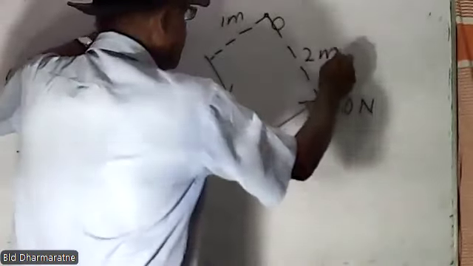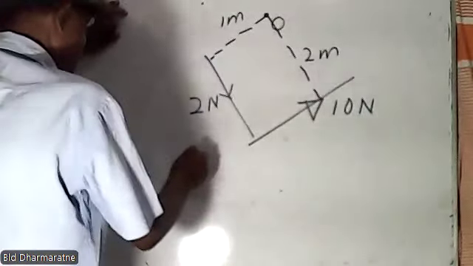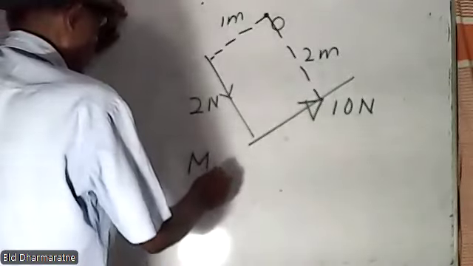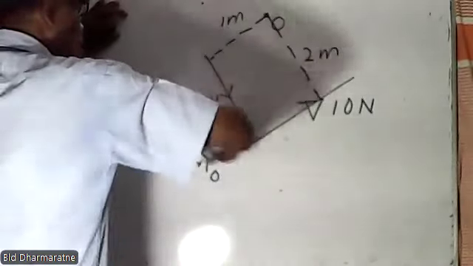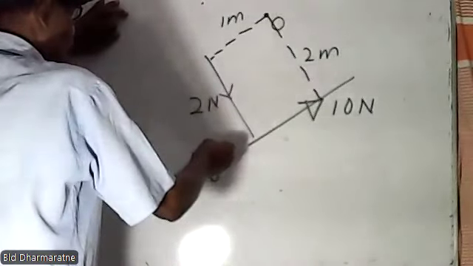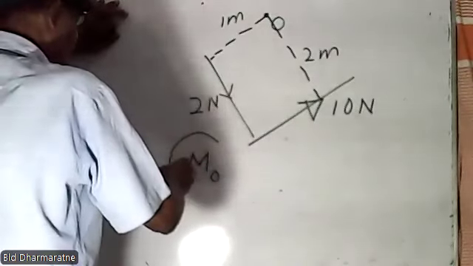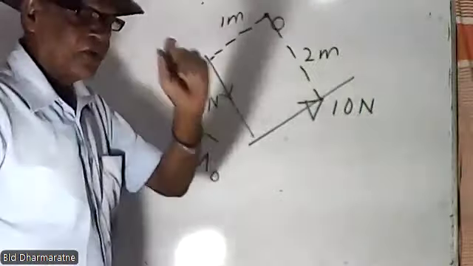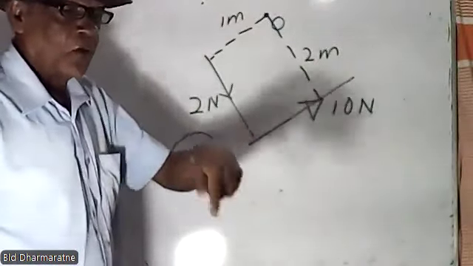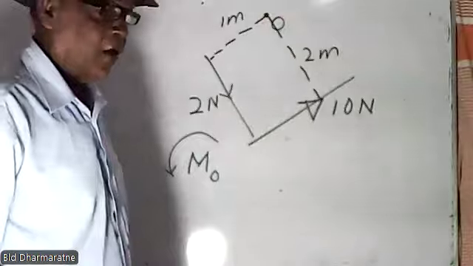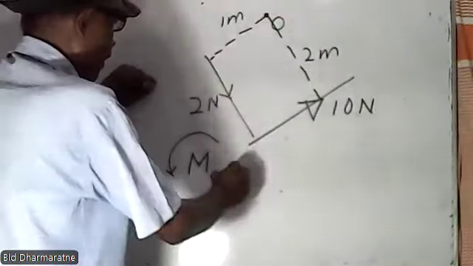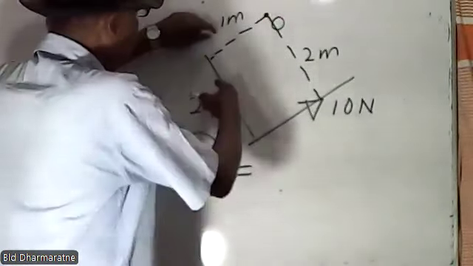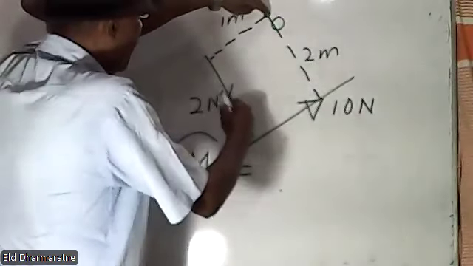M about O: first consider the anti-clockwise direction. If any moment is anti-clockwise, it is positive. If opposite to that, it is negative.